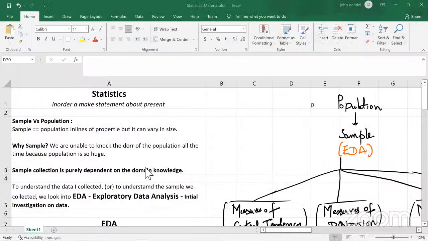So how much quantity to pick up is completely dependent on the experience and the domain knowledge. That's the same point which I've just mentioned here. If you see, sample collection is purely dependent on the domain knowledge. Only then will your sample be equal to population. Able to get my point what I'm saying?